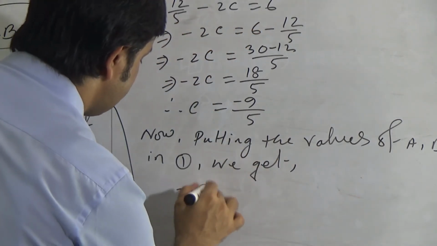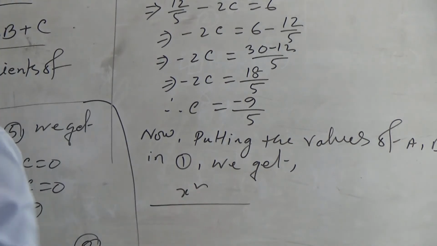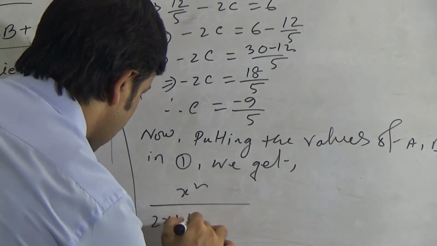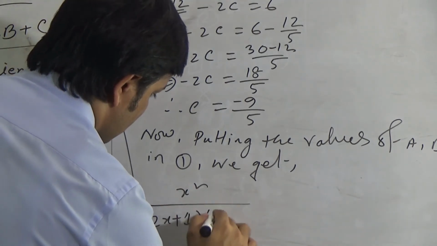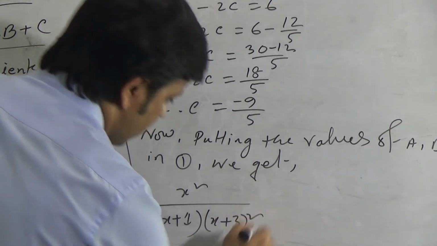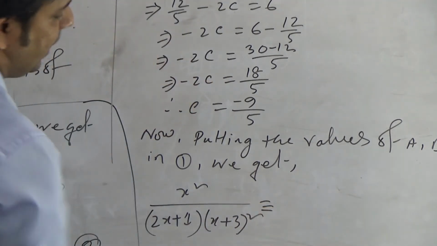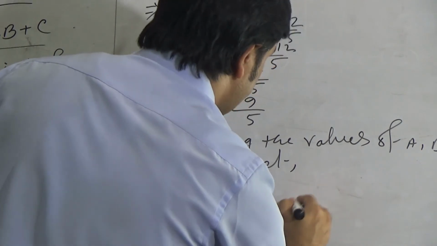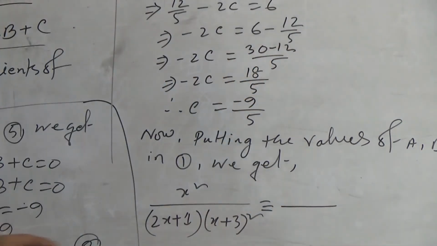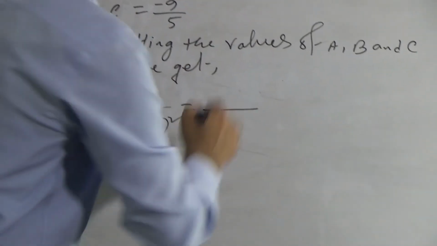We will get x square divided by 2x plus 1 into x plus 3 whole square on the left side. The right side is A by 2x plus 1. What is A? 1 by 25.